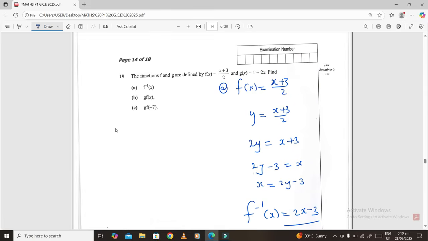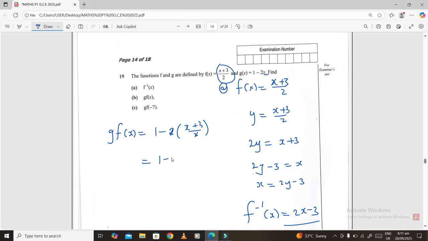For question B, they're saying we find g of f of x. So here we are starting with the g function, which is 1 minus 2, but where there is x here, we write the f function, that is (x plus 3) over 2. So when we multiply here, this and this will cancel out.